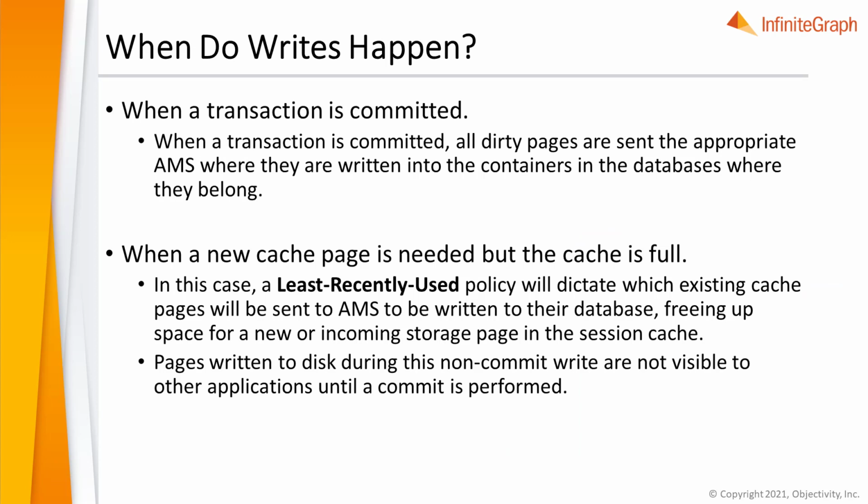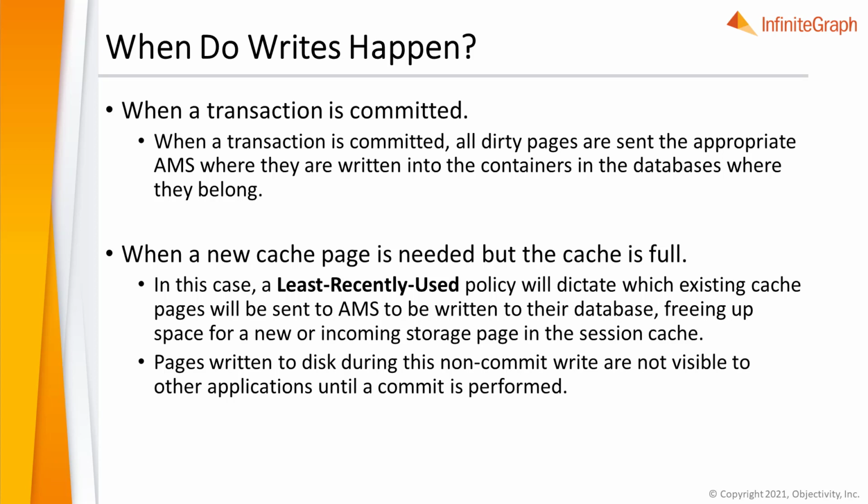When do writes happen? Cache pages are sent to AMS to be written back to their containers in the databases under two circumstances. When a transaction is committed, all dirty pages are sent to the appropriate AMS where they are written into the containers in the databases where they belong. And when a new cache page is needed, but the cache is full.